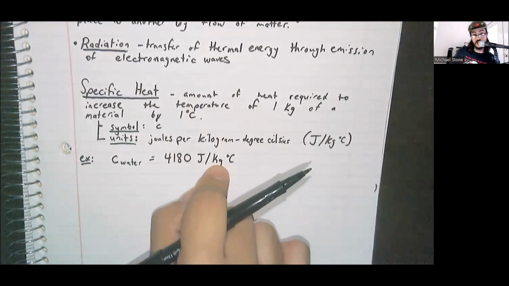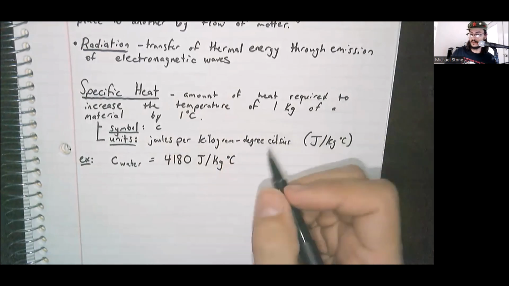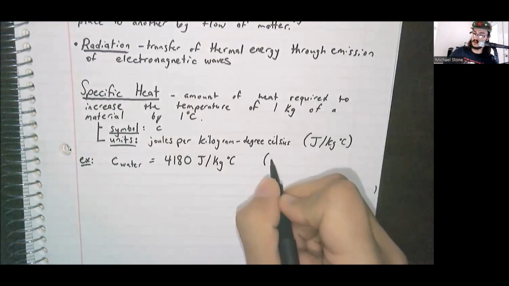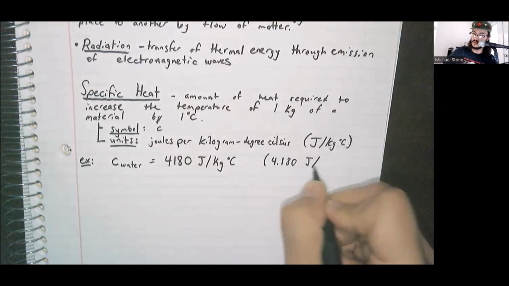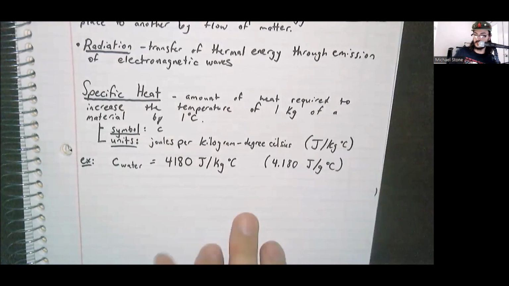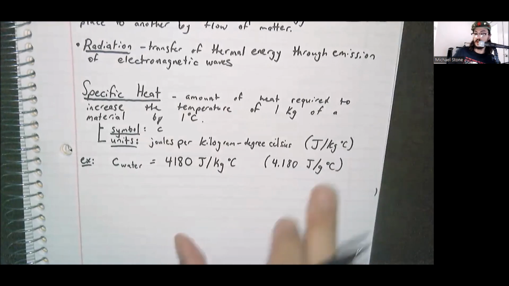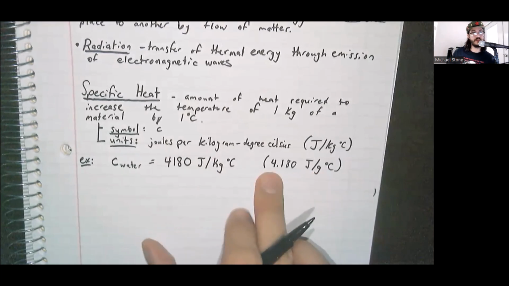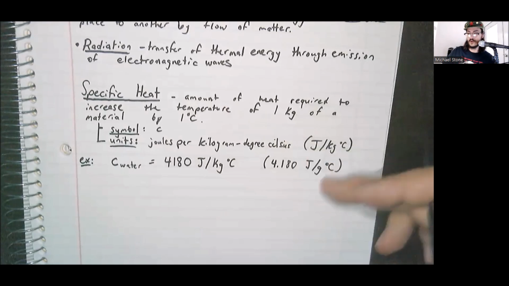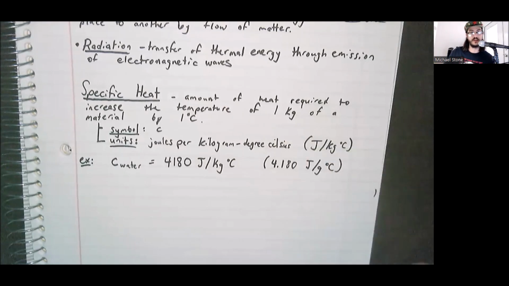To get this into gram degrees would be 4.18 joules per gram degree Celsius. One calorie gram degree Celsius versus 4.180 joule gram degree Celsius. The joule is smaller than the calorie by less than a quarter.